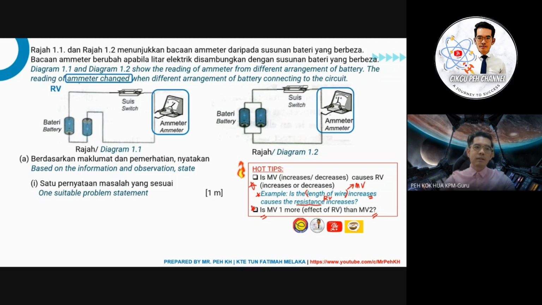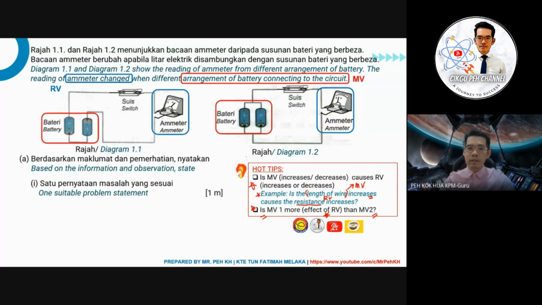The reading of the ammeter is represented as the responding variable. We want to see the effect on the RV, that means whether the reading of the ammeter is higher or lower, and this depends on our MV. The MV here is the arrangement of the battery connected to the circuit.